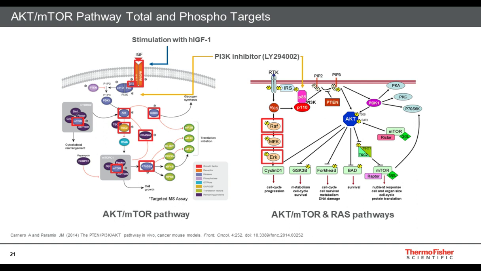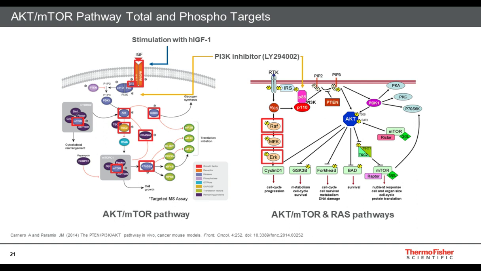And we stimulated both these cell lines with the human IGF-1 growth factor, which stimulates the AKT mTOR as well as the RAS pathway. And we inhibited this pathway using the PI3K inhibitor LY294002.